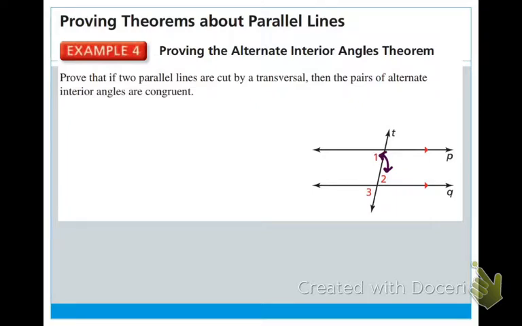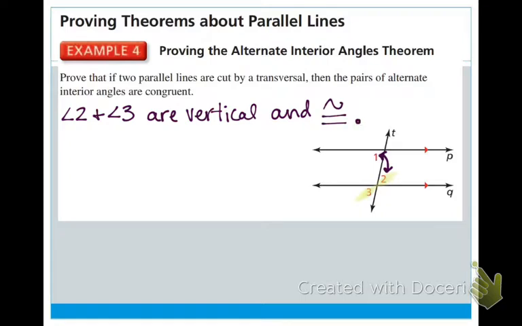So we need to figure out all of the other relationships in this picture so that we can prove these 2. What other 2 angles can we state a relationship for besides 1 and 2? Sure, 2 and 3. Angles 2 and 3 are vertical angles, which makes them congruent. So we got that relationship going for us.